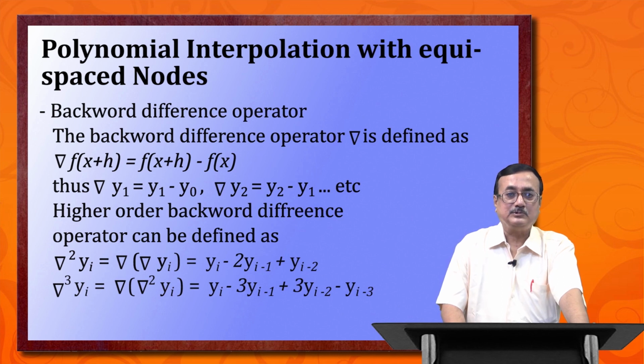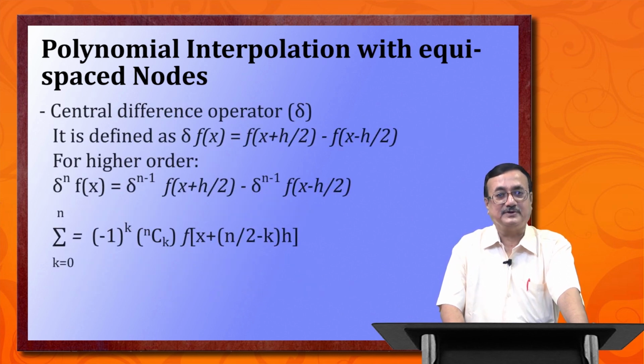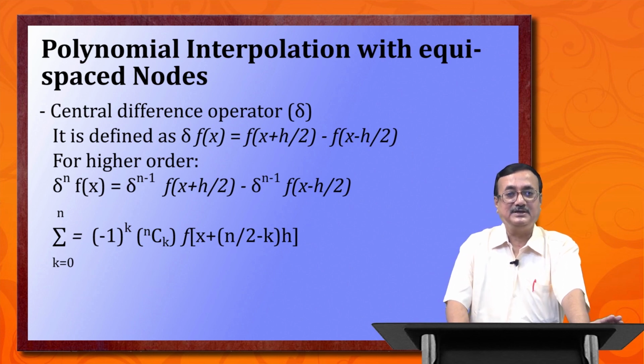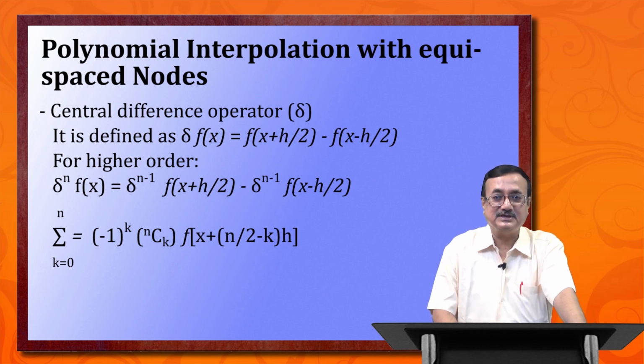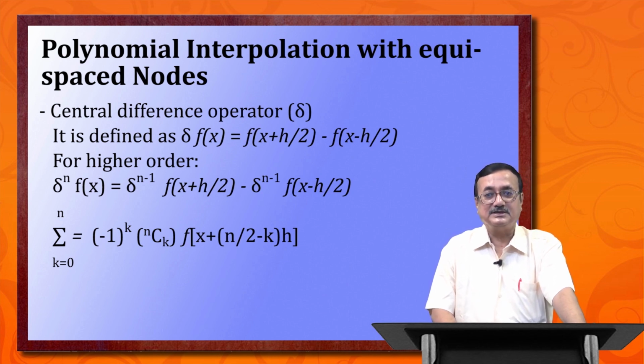Now we go for the central difference operator, represented by delta. The central difference operator is defined as delta operated on f(x) giving f(x plus h by 2) minus f(x minus h by 2).